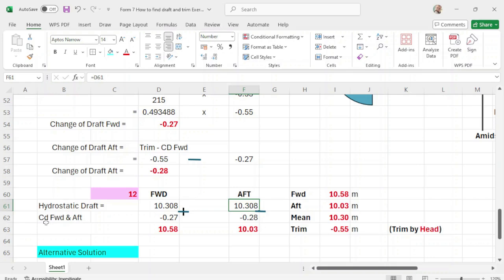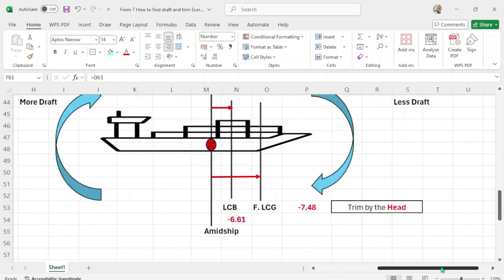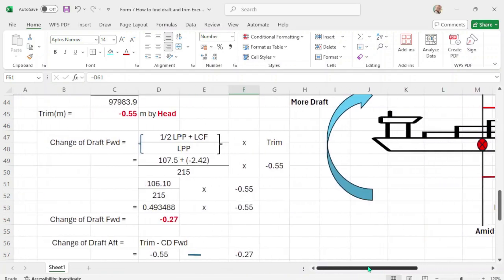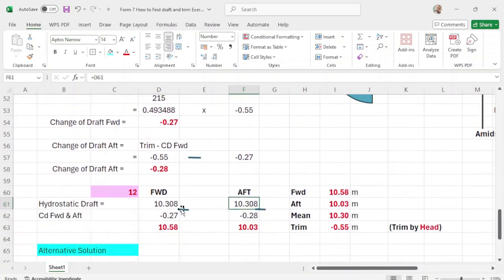Now you apply the density correction forward and density correction up. So forward is negative 0.27, up is 0.28. Since forward will sink, you will have more drop, meaning you have to add this one.